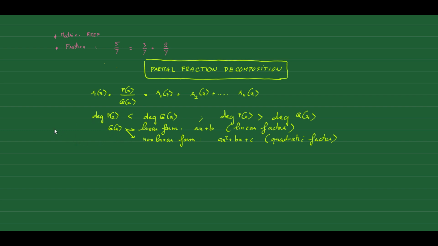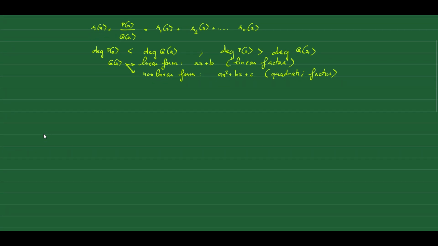So I'm going to jump to the first case. Case 1: we have only two cases. The degree on the top is less than the degree at the bottom.